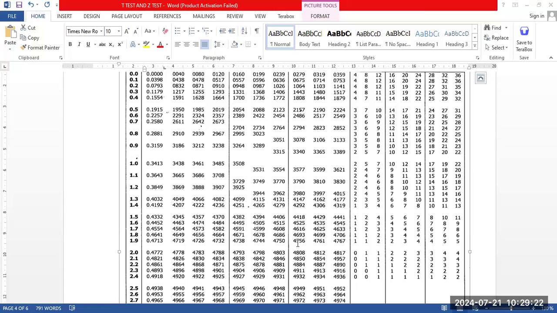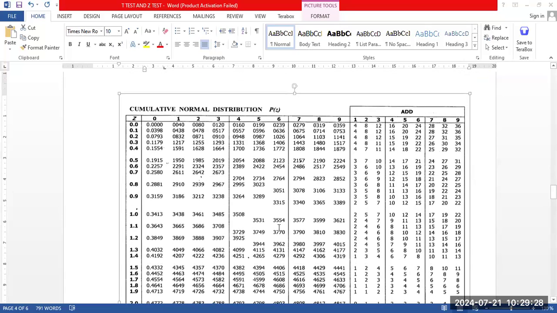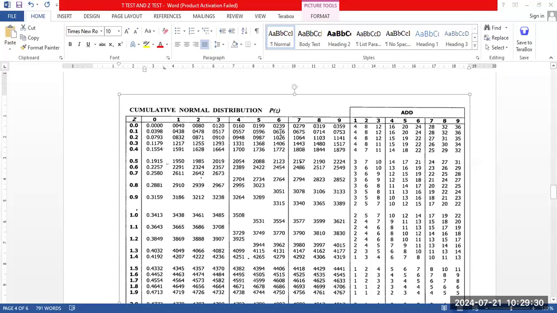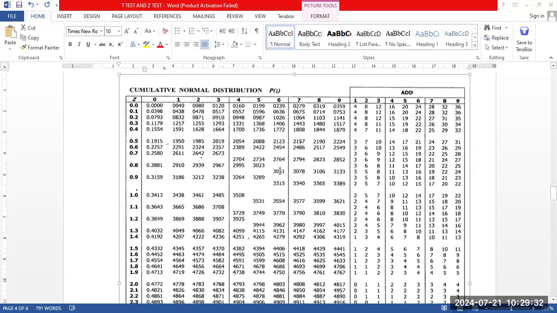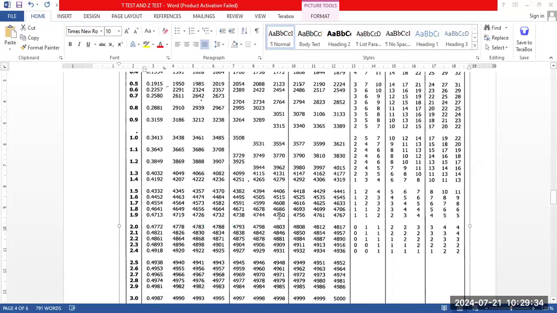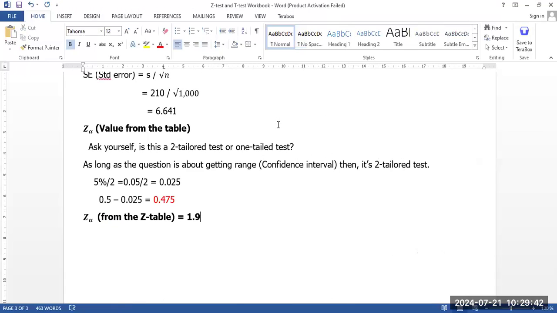Then look at the column that is giving you the meeting point. This is the column. The column that is giving us the meeting point is 6. So the value from the table is 1.96. That is the value of Z.